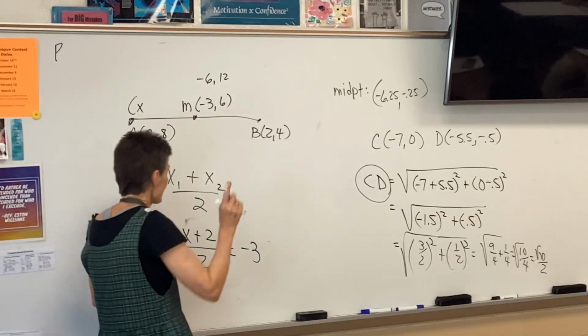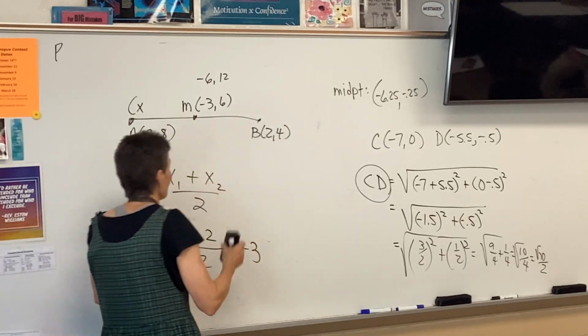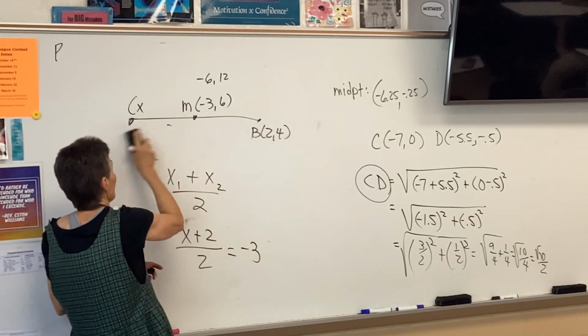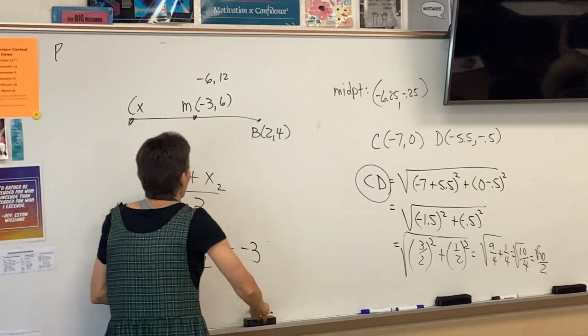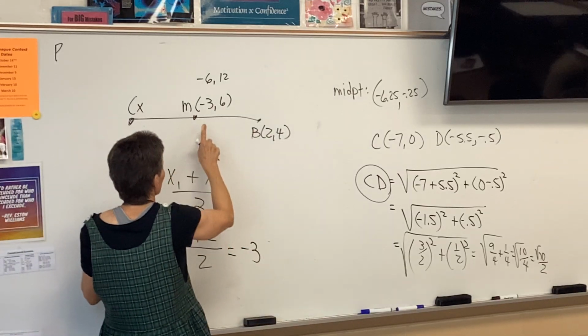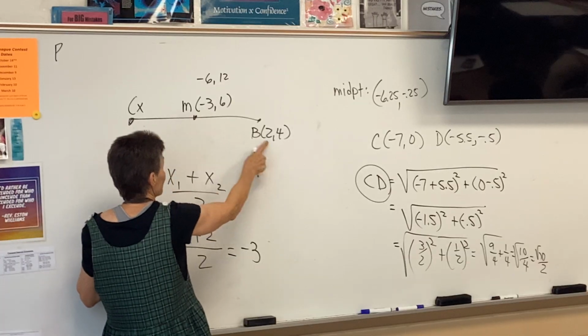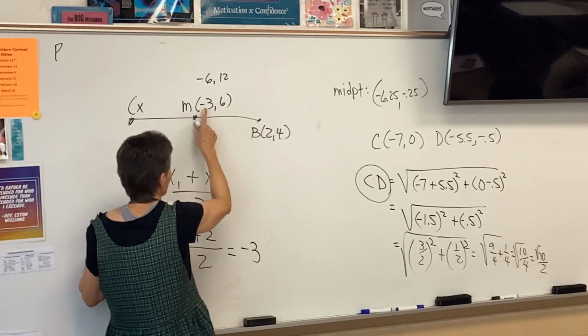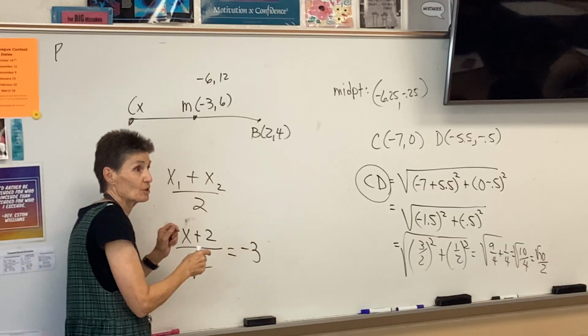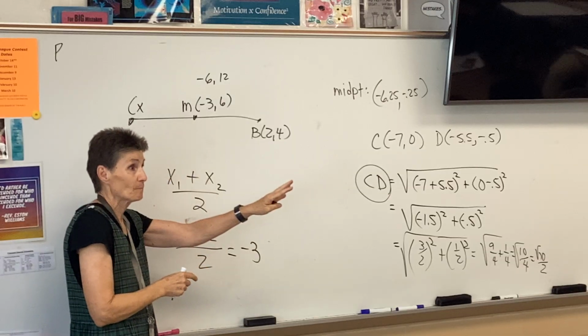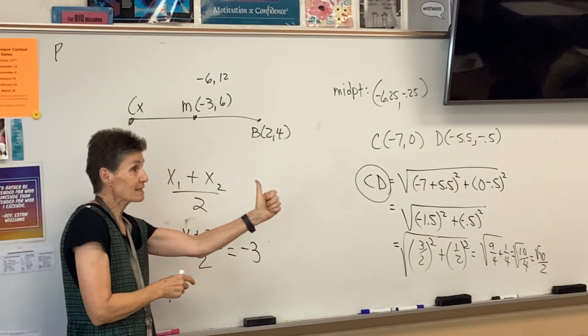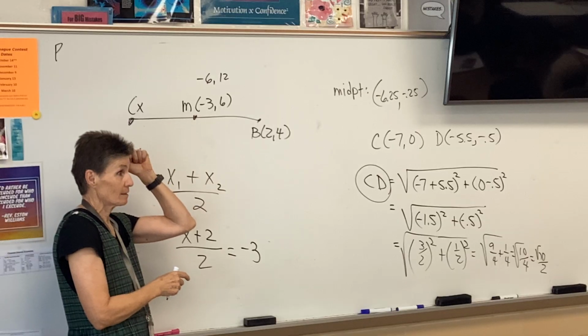Here's how I would do this problem, take it or leave it. I think it's fun to look at problems different ways. I know in getting from negative 3 to 2, at midpoint to endpoint, I would travel in the X direction 5 steps. So guess how far I have to go to this endpoint?